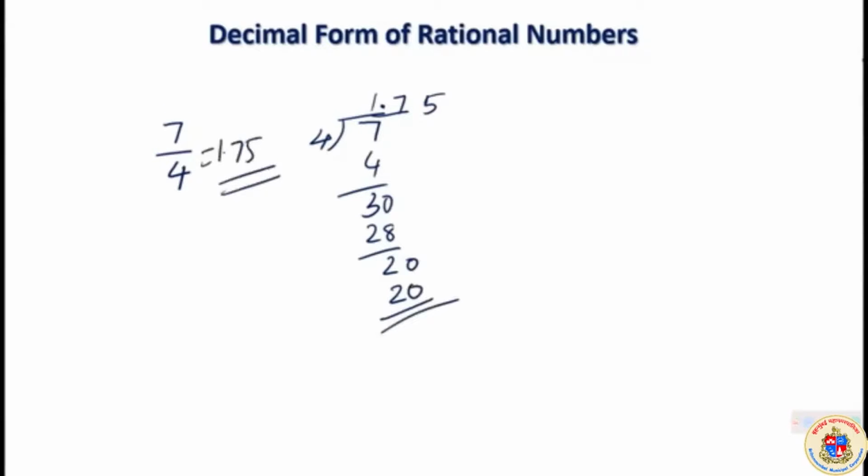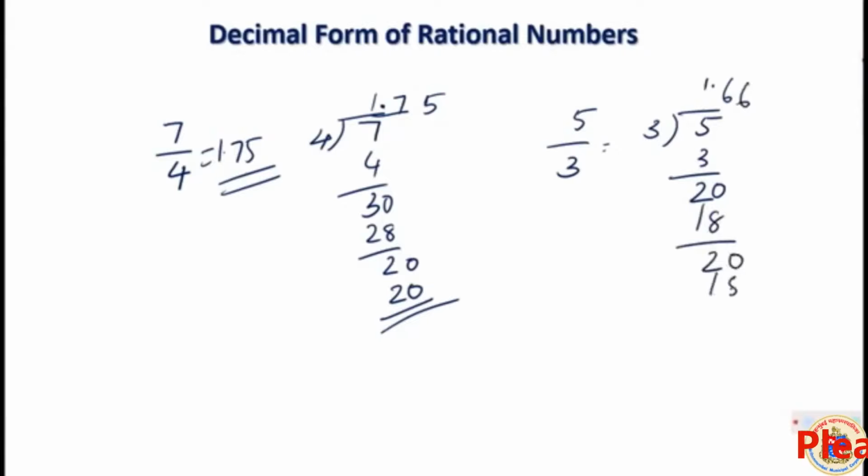Take another example. For example, 5 upon 3, so it will be 5 divided by 3. 1 three is 3, 2 remains. I am taking the most easy example for you. If we put 0, then we have to put a point here. So it will be 6 threes are 18, 2 remains, 20, 6 threes are 18, 2, 20, 6 threes are 18.